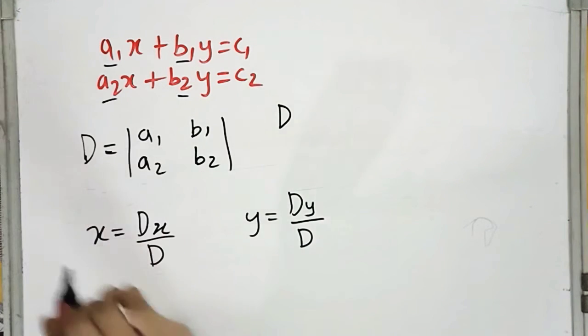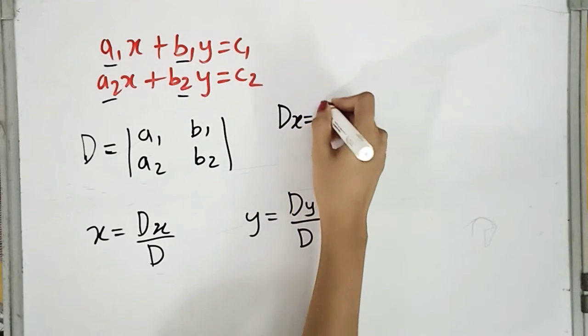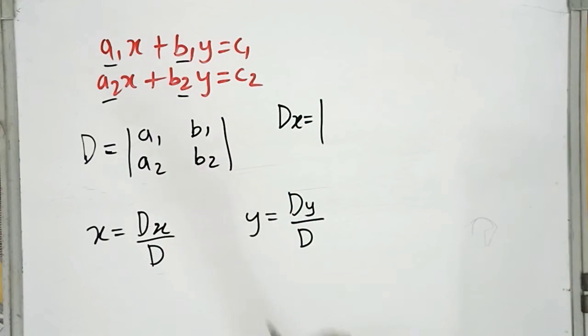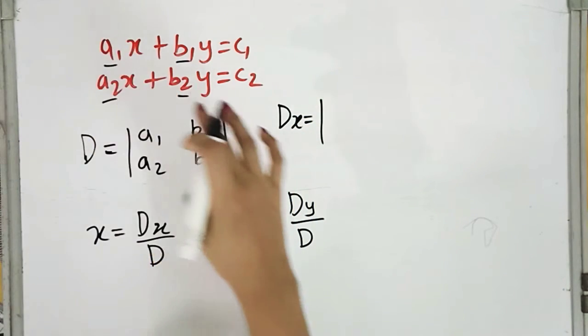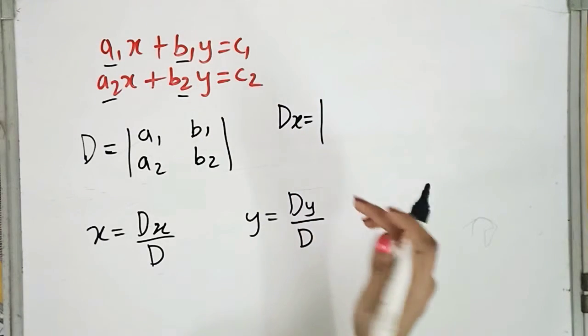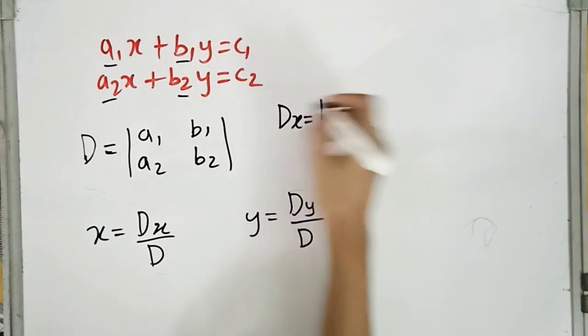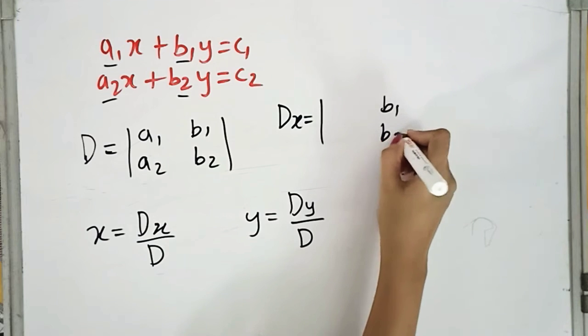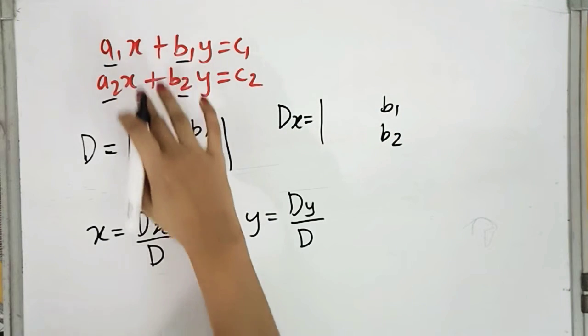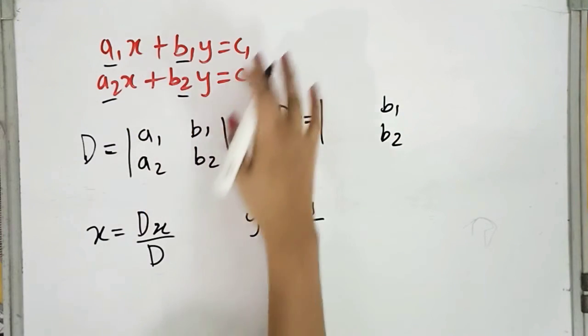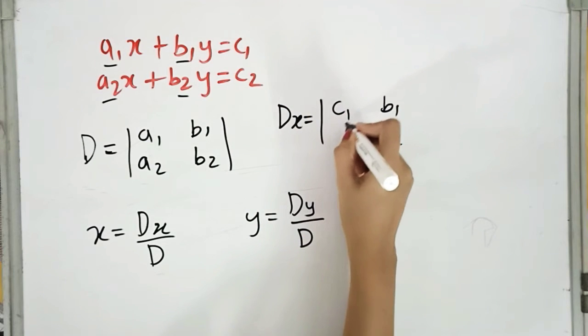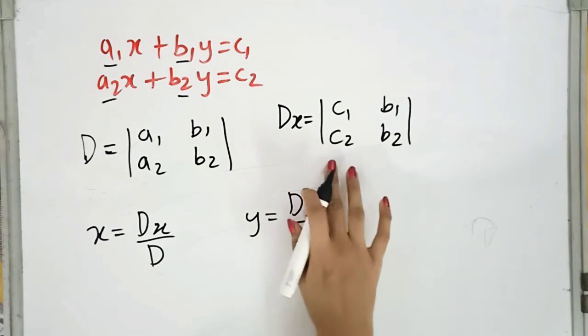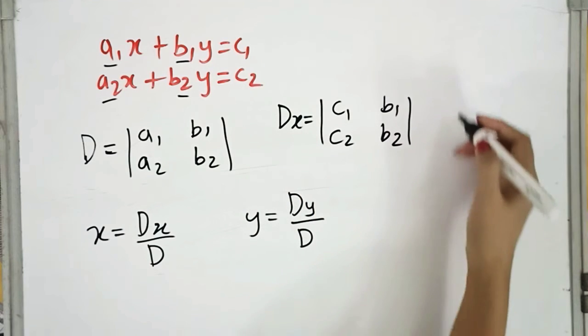Now we have D. For Dx, we will replace the coefficients of x, that is a1 and a2, with c1 and c2, and put b1 and b2 as they are. So this will be our Dx.